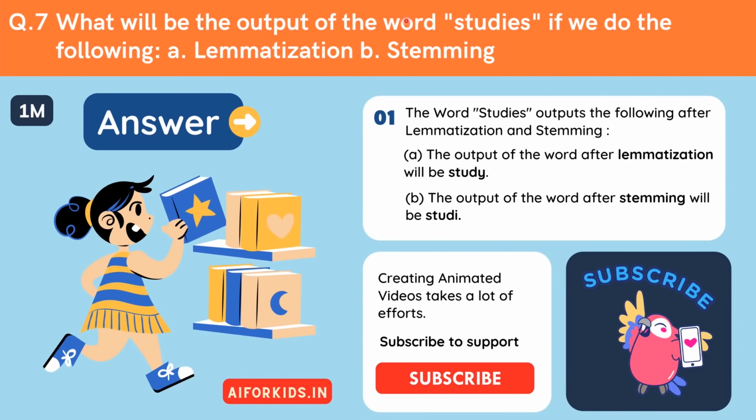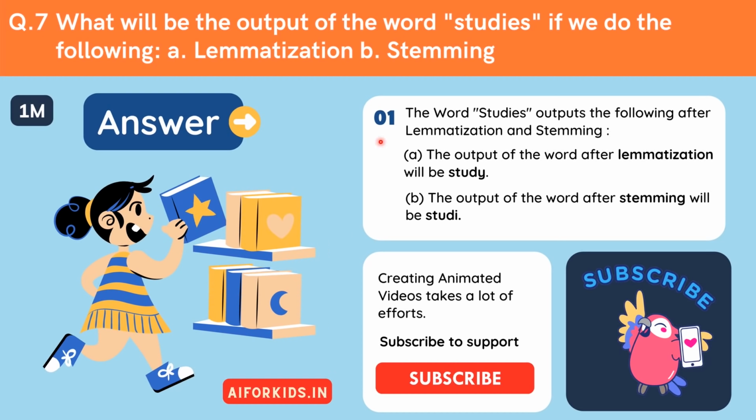What will be the output of the word studies if we do the following? A. Lemmatization, B. Stemming. These two are concepts of natural language processing, and both deal with removing the affix in a word. You can learn more about these concepts by connecting to us. We have articles made on these topics which will help you understand them easily with examples and graphics.